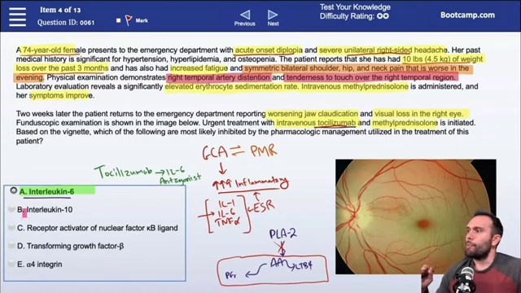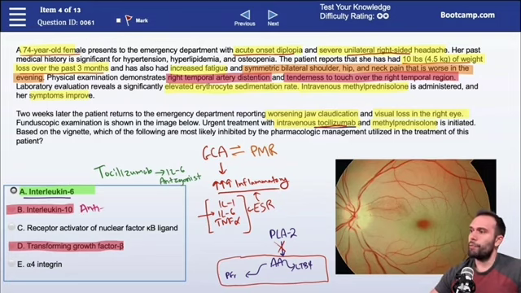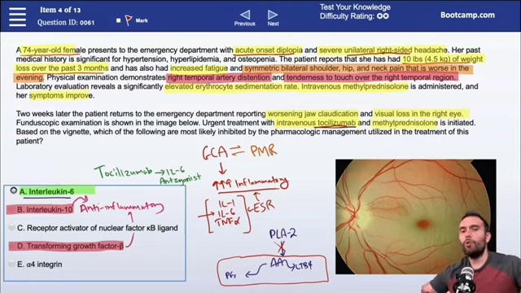So if we look at option B, interleukin 10, and option D, transforming growth factor beta, both of these are very much associated with anti-inflammatory reactions, right? So remember, interleukin 10 and TGF beta are both going to be more anti-inflammatory. They're going to attenuate the immune response, whereas interleukin 1, interleukin 6, TNF alpha, they're all going to be pro-inflammatory.